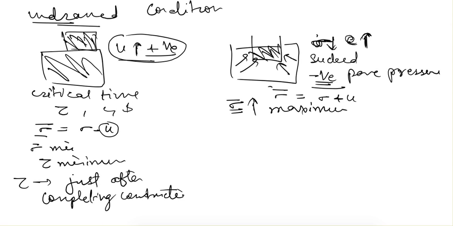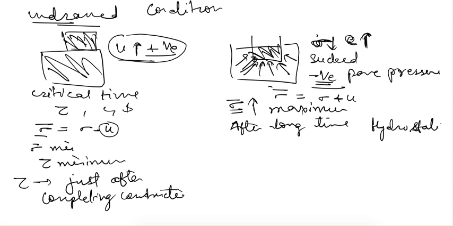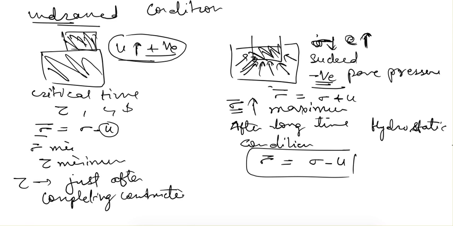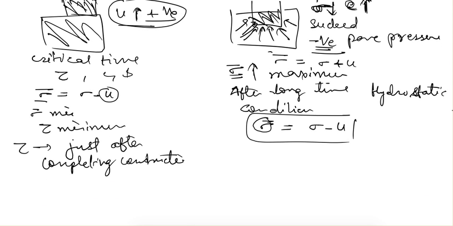But because of this negative pore water pressure, the water will be sucked into the soil, and after a long time, after sucking so much water, the hydrostatic condition will prevail, and because of this hydrostatic condition, later the effective stress will be given as total stress minus pore water pressure. It means that after a long time this effective stress is going to reduce, and if effective stress is reducing, that means the shear strength is also reducing.